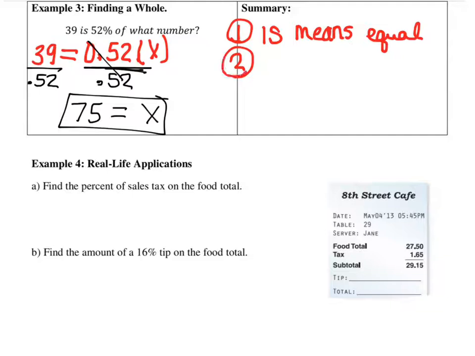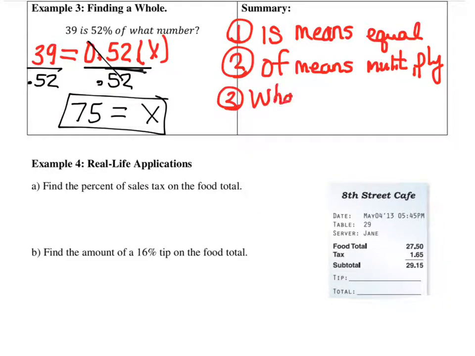Two, if you see the word of, that means you multiply. And 3, if you see the words what percent, that is our special case. We write your number x over 100.